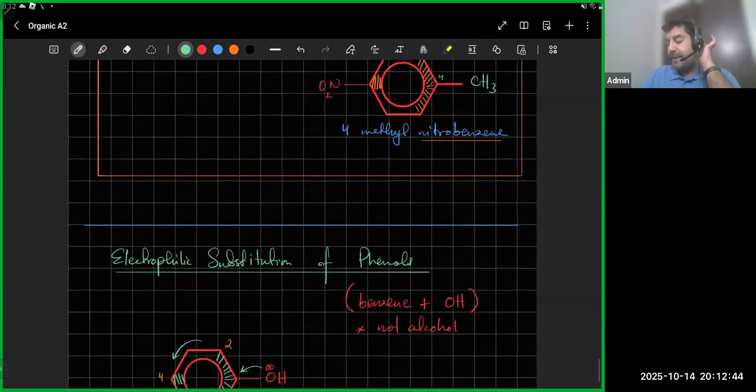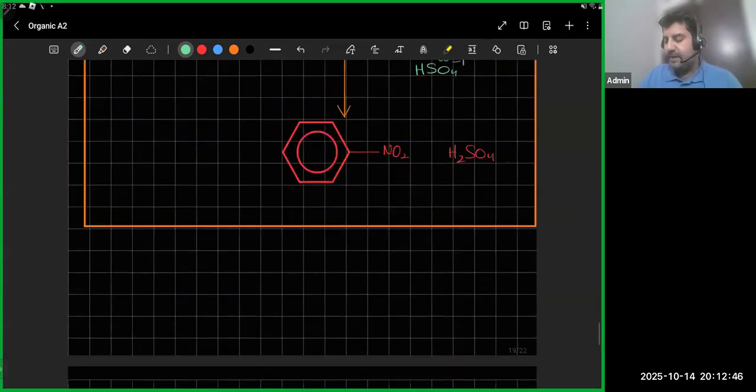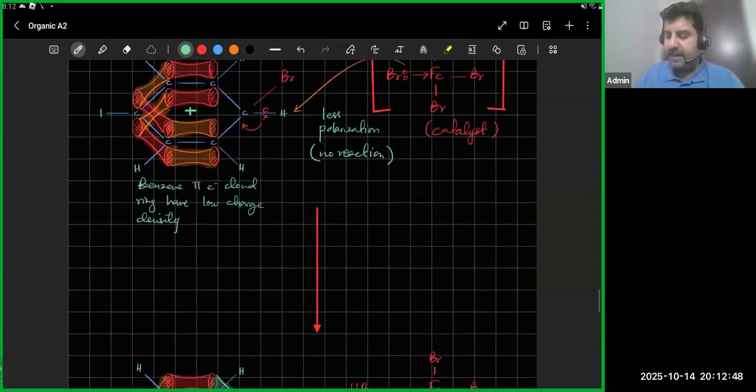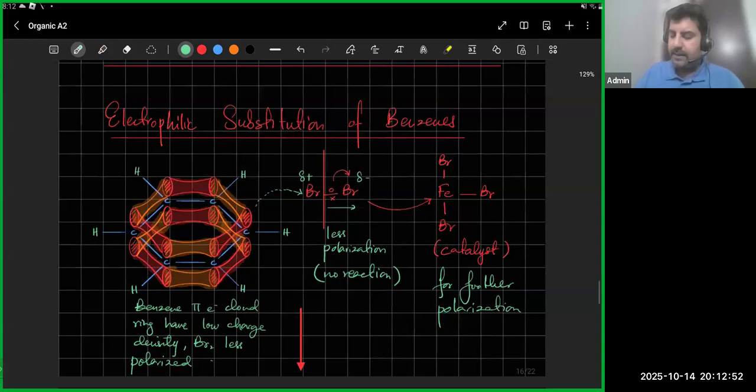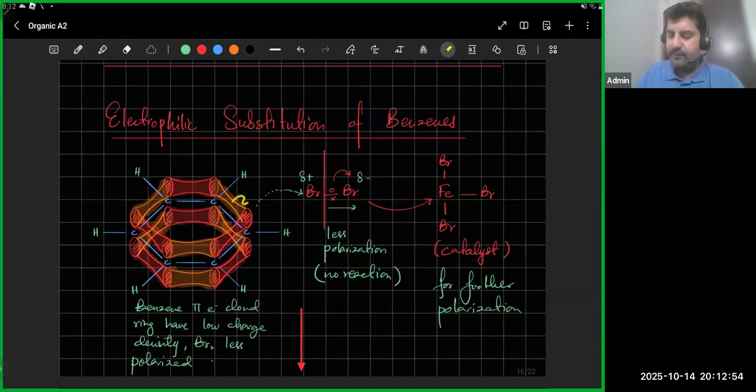Because remember, the problem with benzene was that it failed to polarize the molecule of bromine, right? The double bond electron density over here in benzene was very low. The charge density was not very high because the p orbital was overlapping on both sides. Its electrons were getting distributed and overlapping with the p orbital on the bottom and also on the top.